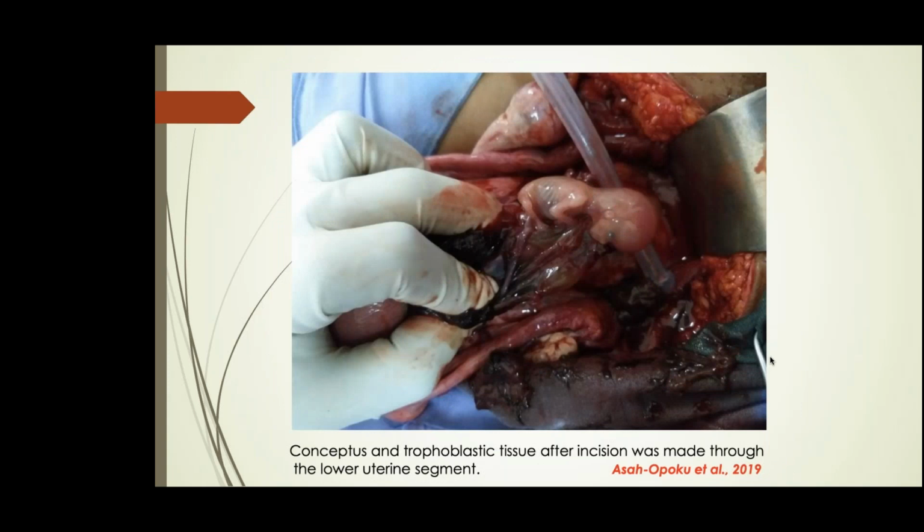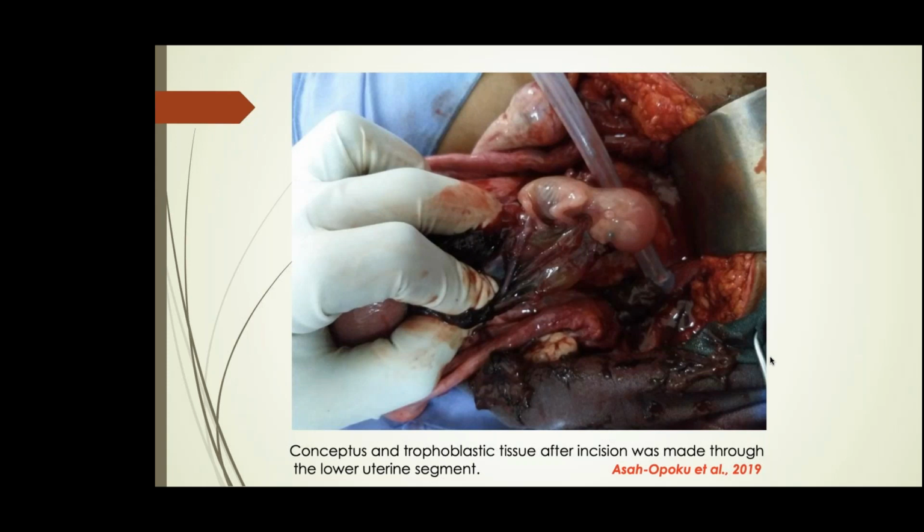This is after it was opened. I have a few cases of surgical removal of cesarean scar pregnancy, and you would be surprised by the amount of bleeding that can occur.